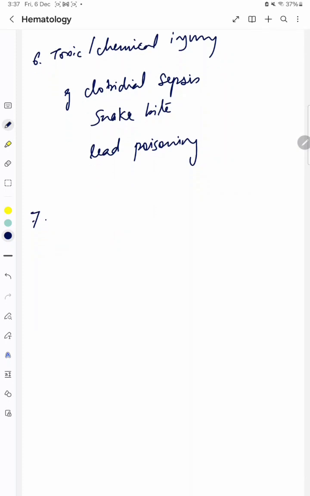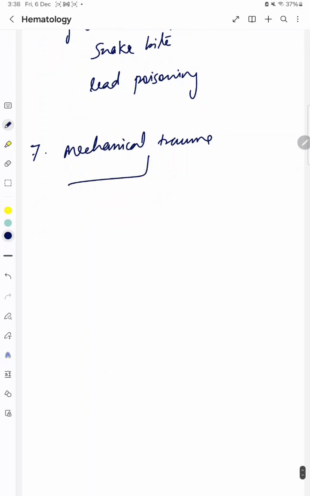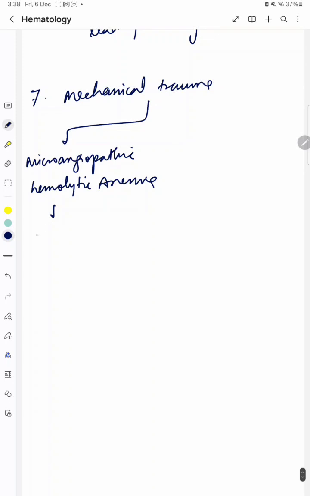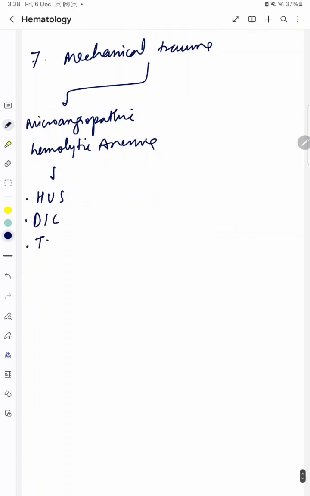Increased RBC destruction can result from mechanical trauma. Microangiopathic hemolytic anemia: in this category, we see hemolytic uremic syndrome, disseminated intravascular coagulation, and thrombotic thrombocytopenic purpura.